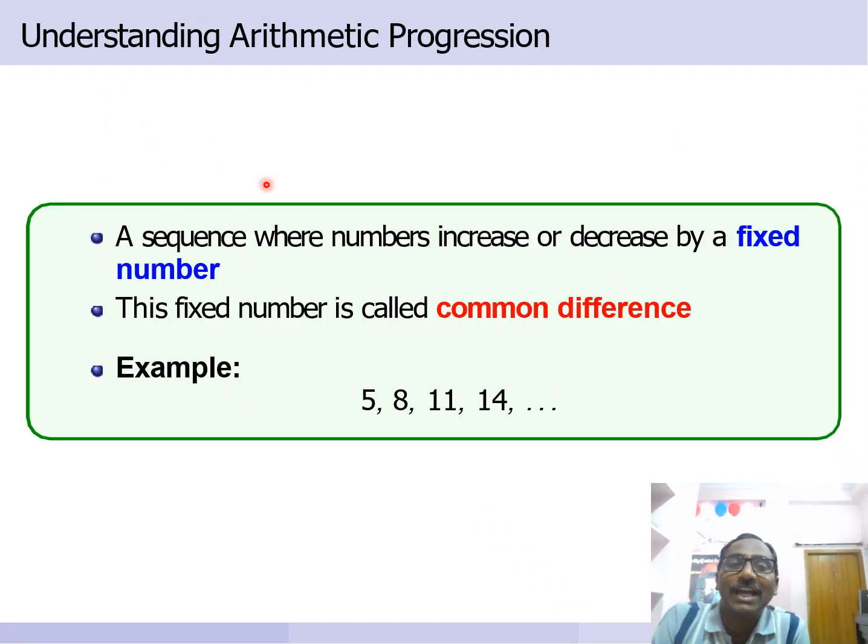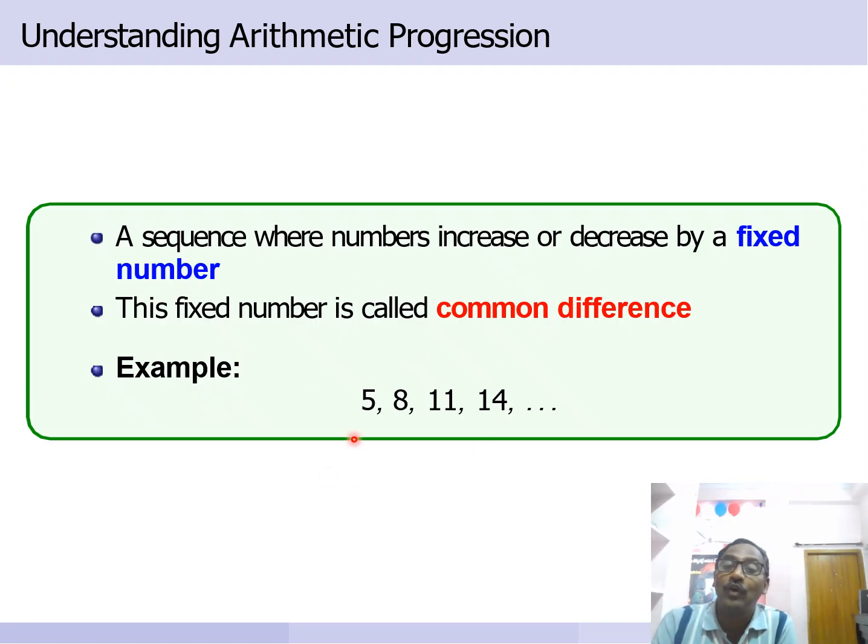Now, understanding arithmetic progression. A sequence where numbers increase or decrease by a fixed number. This fixed number is called the common difference.